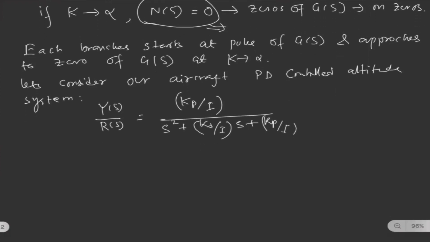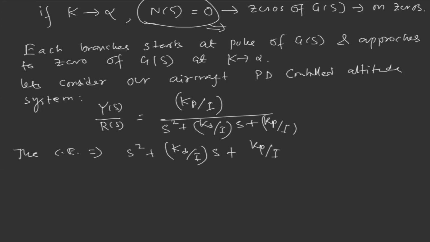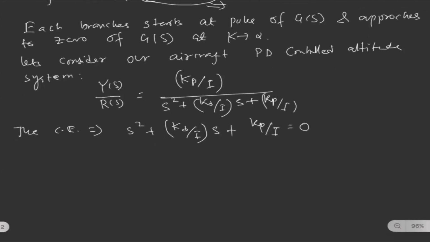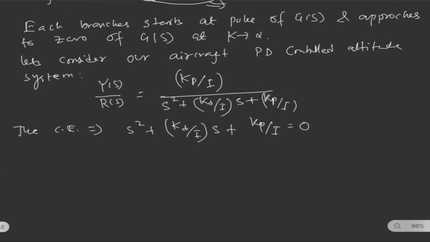And the characteristic polynomial from this transfer function, we can write s squared plus Kd by I into s plus Kp by I equal to 0. So this is the polynomial, and here we'll be checking how the root locus is going to be. We can design the root locus for this particular characteristic equation.